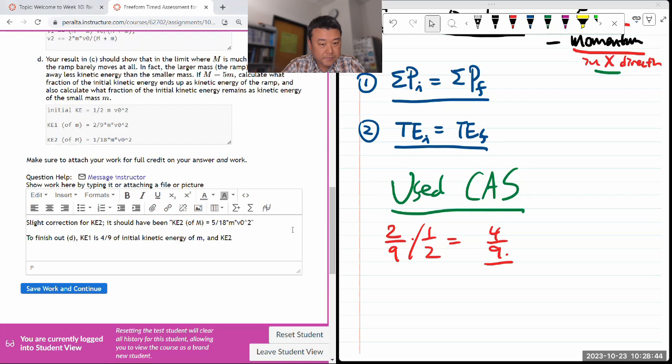And to finish out that, it's 4/9 of the initial kinetic energy. And that still doesn't sound right to me. In the limit where the ramp barely moves at all, the larger mass ends up carrying out less kinetic energy.